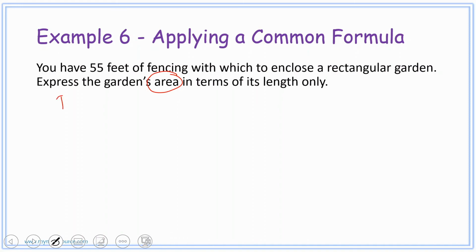Because perimeter is 2L plus 2W, and area is equal to length times width of a rectangular garden, and we want the garden in terms of area, we can substitute the perimeter formula into the area formula by solving for the W in the perimeter.